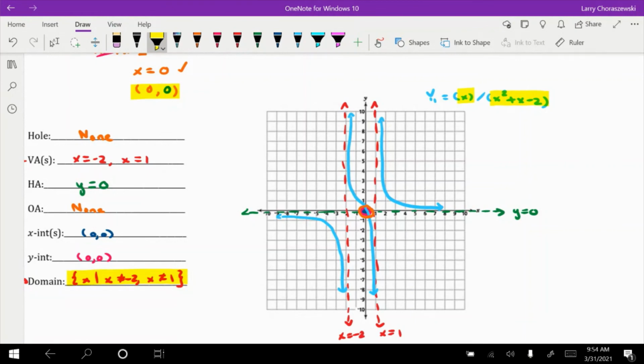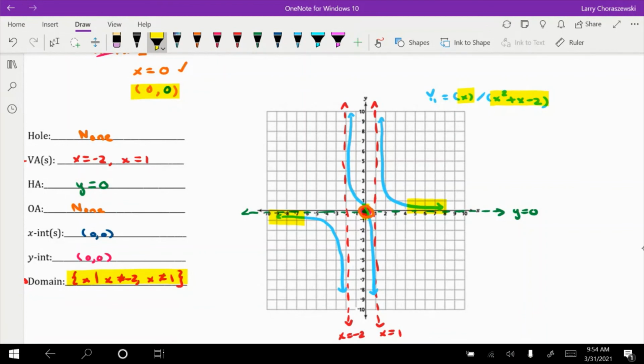And we can see evidence of the verticals and horizontal asymptote in the graphing calculator should you have graphed it. And one thing I want to point out is that I know that these ends of the graph are not going to cross the horizontal asymptote because according to our algebra, the only place where the graph crosses the horizontal asymptote is at the origin.